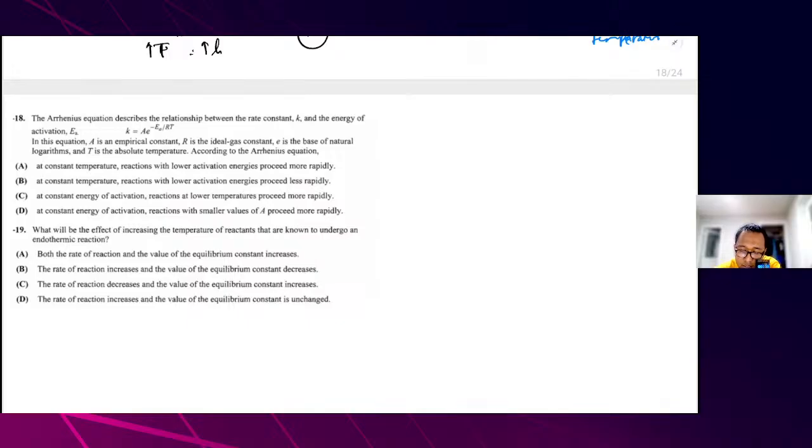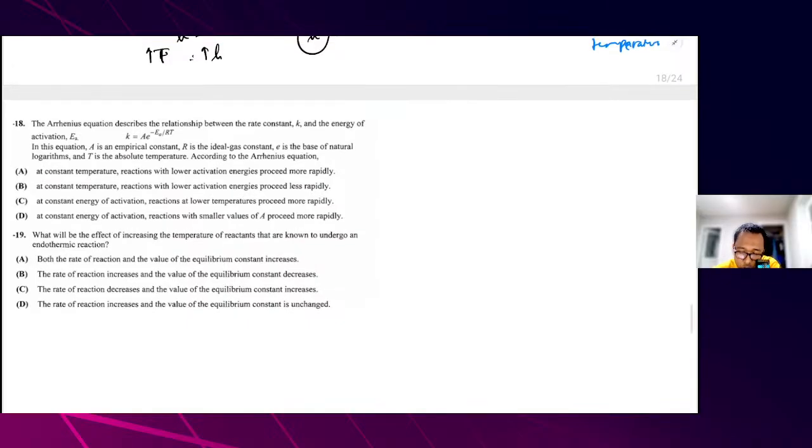According to Arrhenius, at constant temperature, a reaction with lower activation energy proceeds more rapidly.